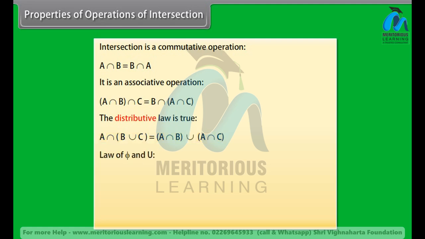Law of phi and U: phi intersection A is equal to phi, U intersection A is equal to A. Idempotent law: A intersection A is equal to A.